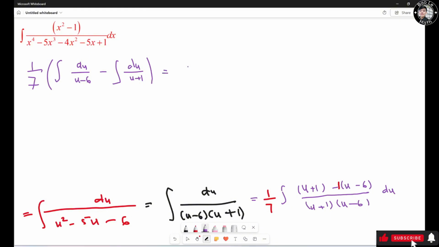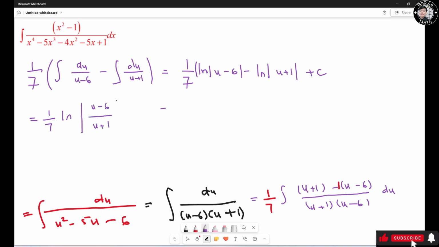So this can be written as 1 over 7 times the natural log of the absolute value of u minus 6, minus the natural log of the absolute value of u plus 1, plus c. This can be written as 1 over 7 natural log of the absolute value of u minus 6 over u plus 1, plus c.